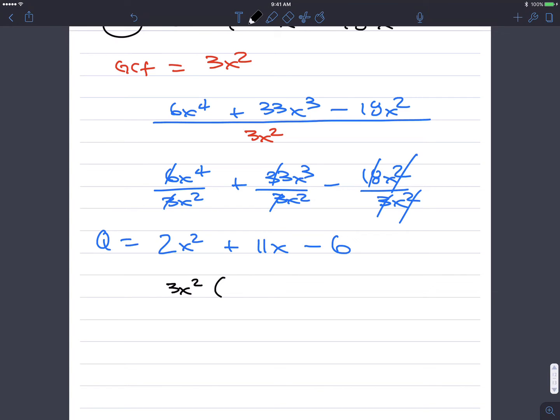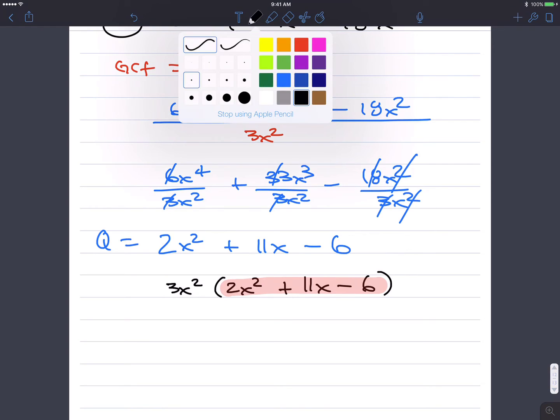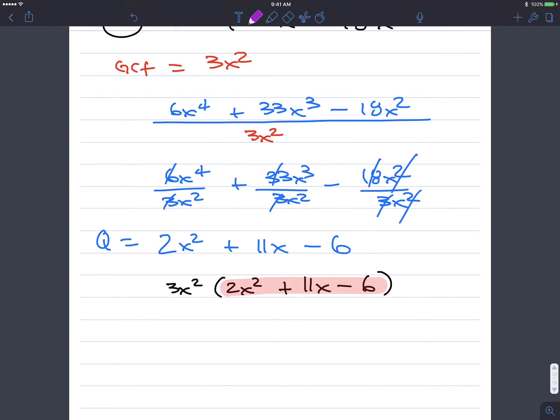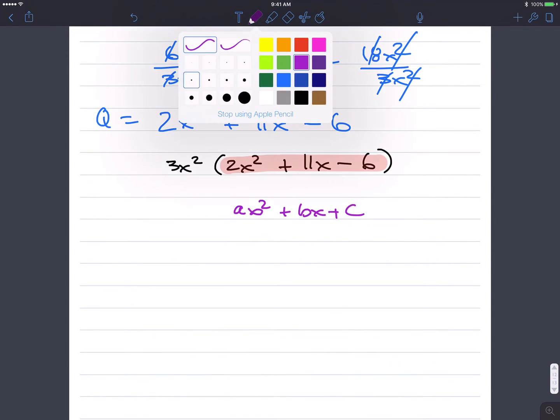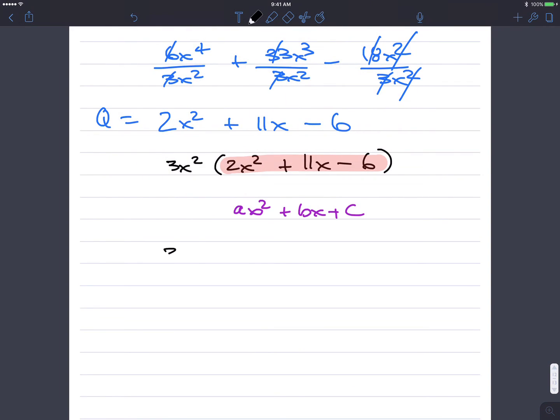So, all together, let's see what we get. 3x squared times 2x squared plus 11x minus your 6. So remember, you factor this quotient, and you notice that this is of the form ax squared plus bx plus your c. So we're going to have to use that factoring technique, that recipe, beef stew.